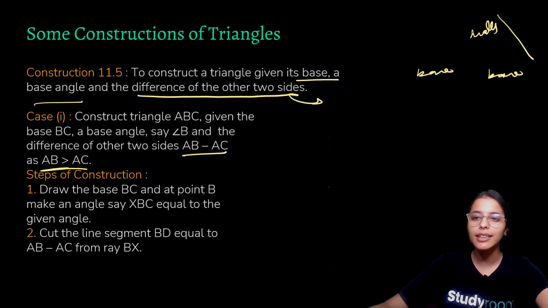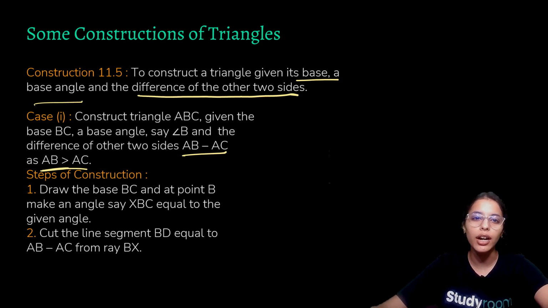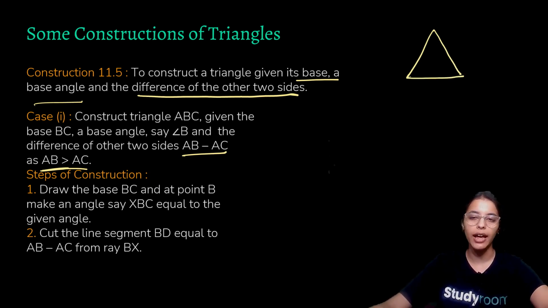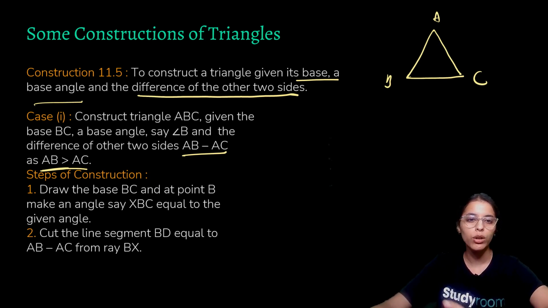First, in the difference question, you should construct a rough diagram so that you can get a much better idea, because it's a little bit tricky to understand. So first of all, construct a basic triangle, mark it A, B, C. Now let us see what all is given.